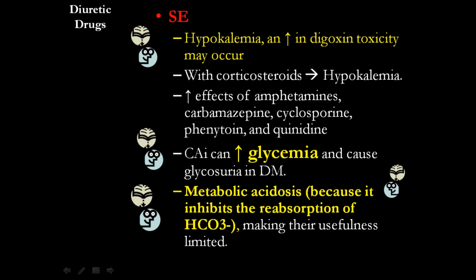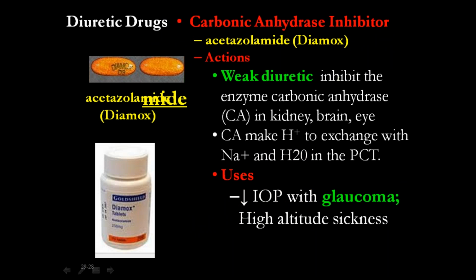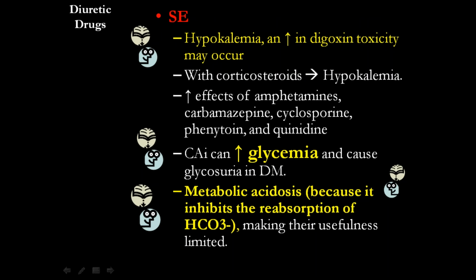Okay, so here we have the carbonic anhydrase inhibitor, and please, I want you to write this down. We have two situations that we were skipping for a moment, which are metabolic acidosis and metabolic alkalosis. Who produces metabolic acidosis?